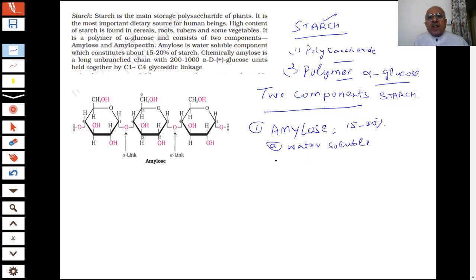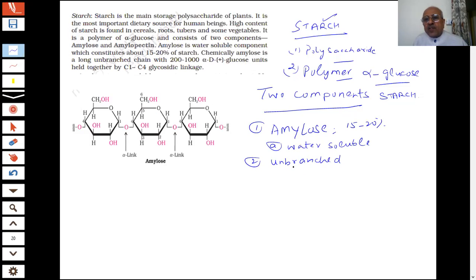And what is amylose chemically? It is nothing but an unbranched chain, meaning a straight chain.